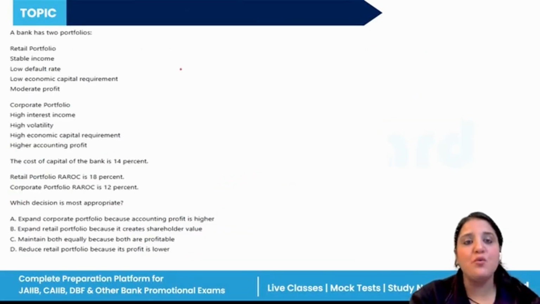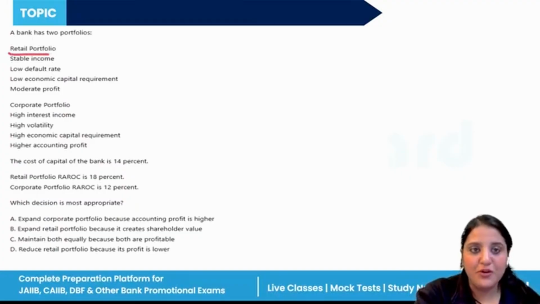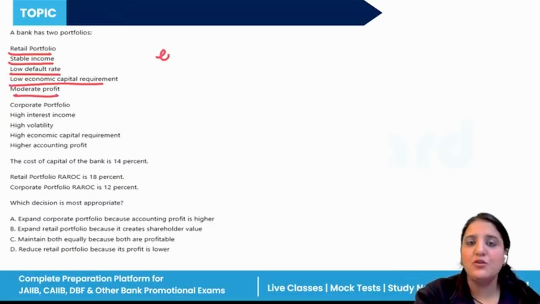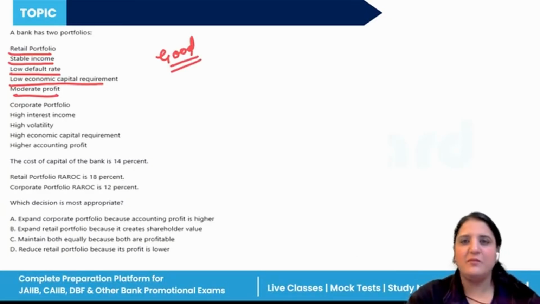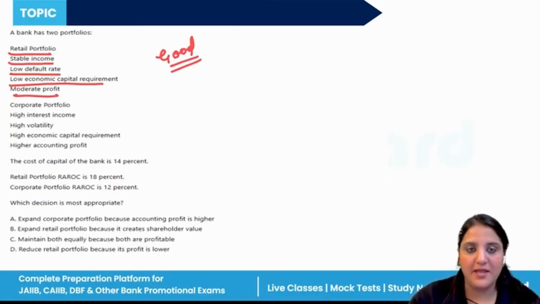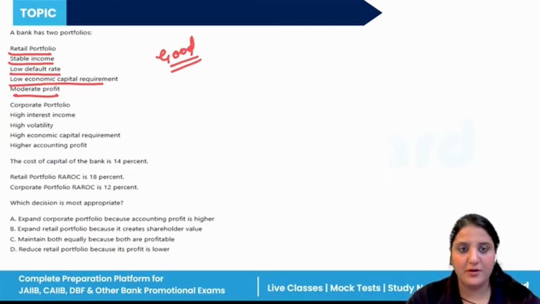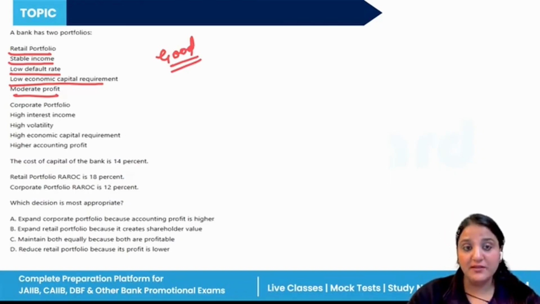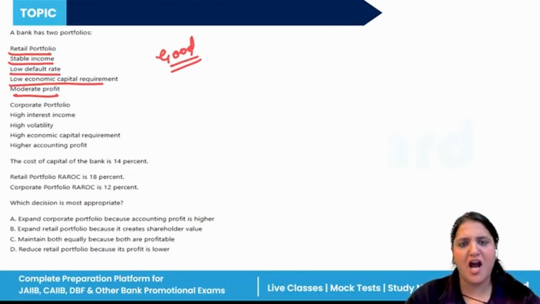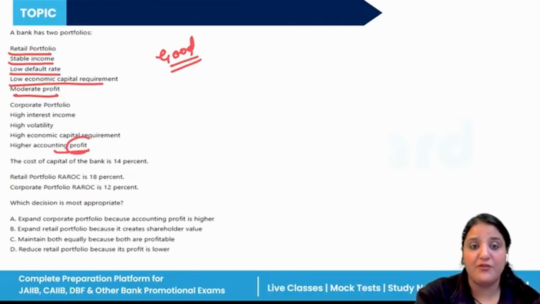So a bank has two portfolios. Retail portfolio: stable income, low default rate, low economic capital requirement, and moderate profit, which is a good one, right? Very stable income, no defaults, very low economic capital requirement, moderate profit. In comparison, the corporate portfolio has very high interest income, high volatility, high economic capital, and higher accounting profit.